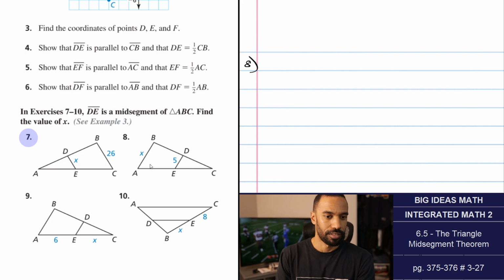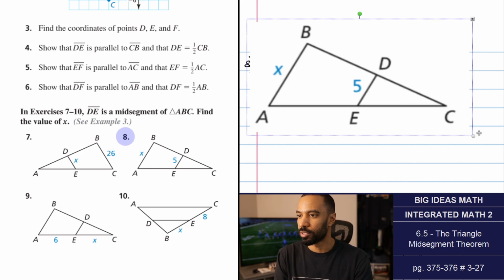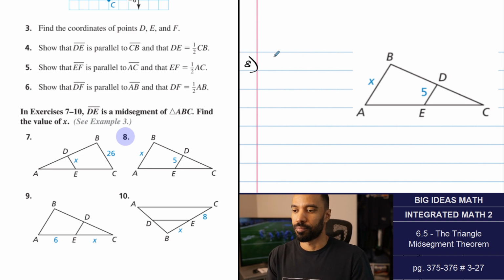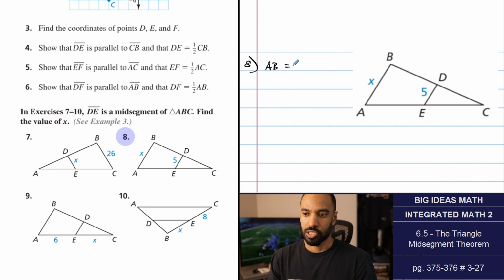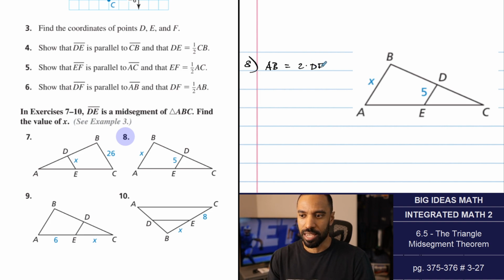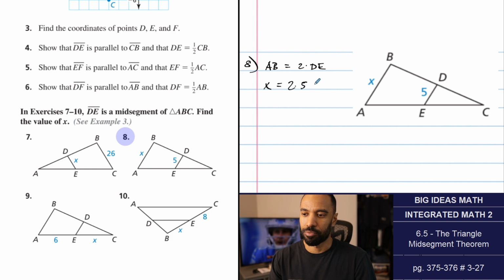Number 8. Sorry, I'm copying the diagram. AB, the side of the triangle, is going to be double its midsegment, so double the length of DE. So X is double 5, which is 10.